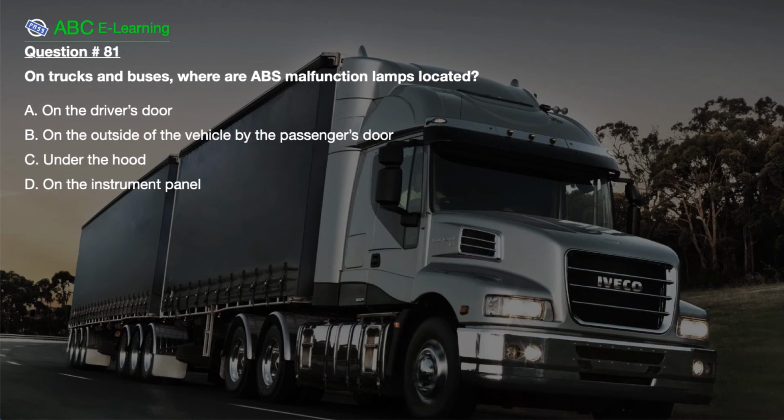Question number 81. On trucks and buses, where are ABS malfunction lamps located? A. On the driver's door, B. On the outside of the vehicle by the passenger's door, C. Under the hood, D. On the instrument panel.